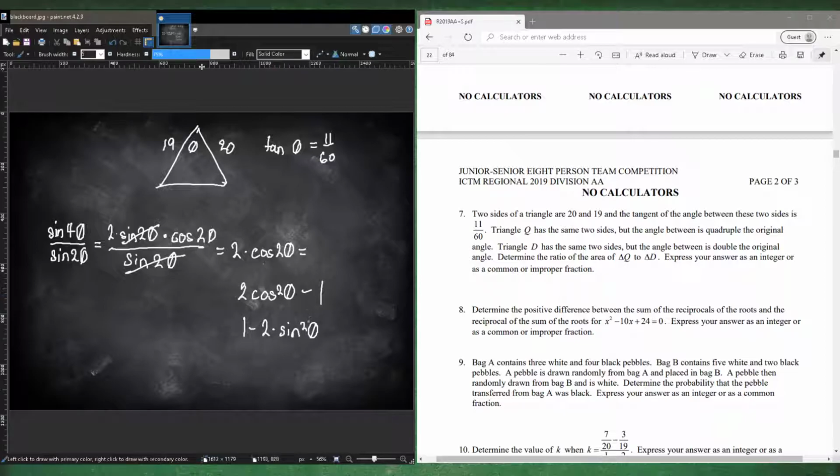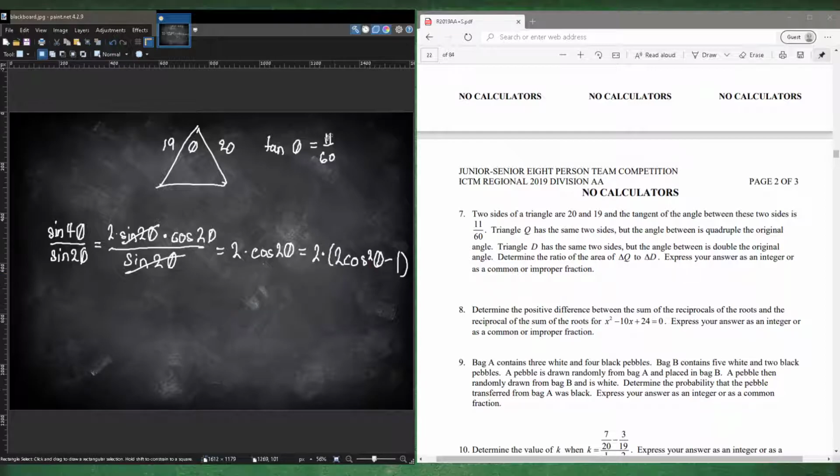So we could choose one or the other. It doesn't really matter which one. I'm just going to stay with cosine because it just looks neater. So we have 2 times this value, which is 2 cosine squared theta minus 1. And now we just need to find cosine of theta.